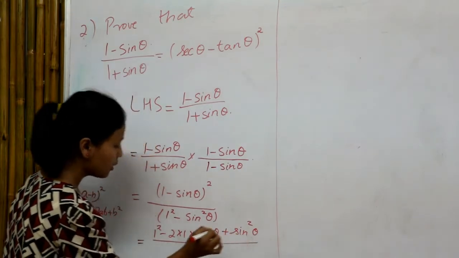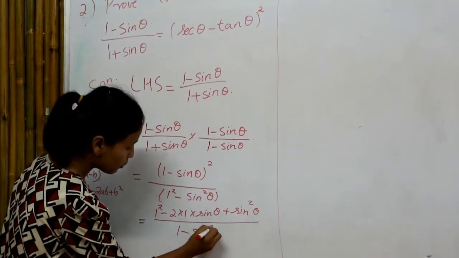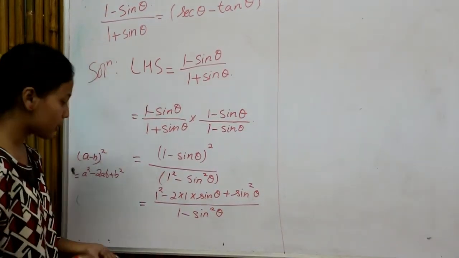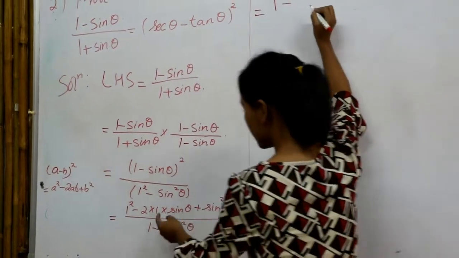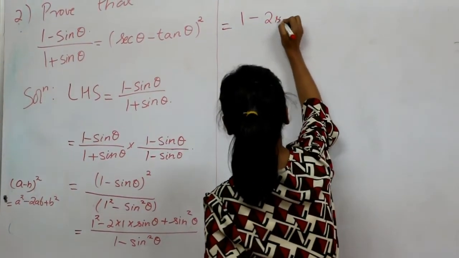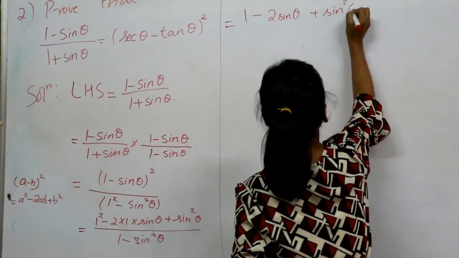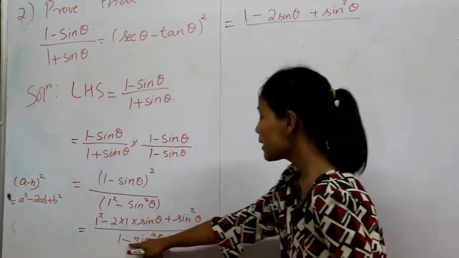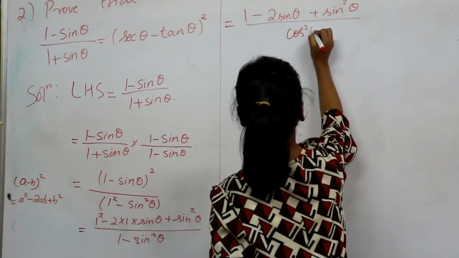In the denominator, 1 minus sine square theta. Which is equal to 1 minus 2 sine theta plus sine square theta. We know that 1 minus sine square theta is cos square theta. So you put here cos square theta.